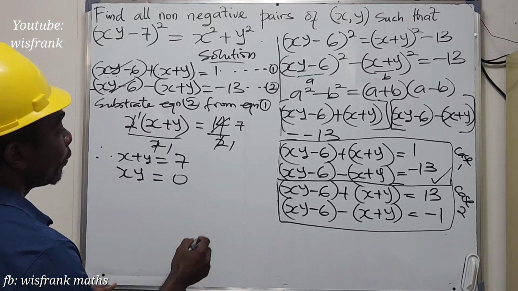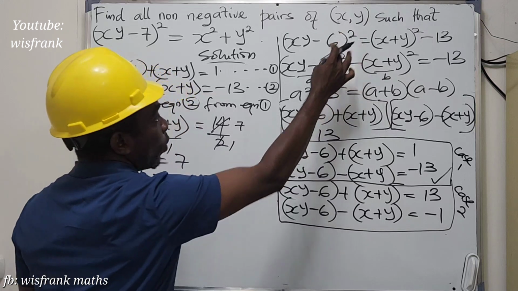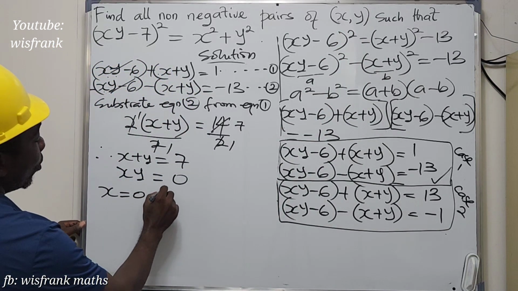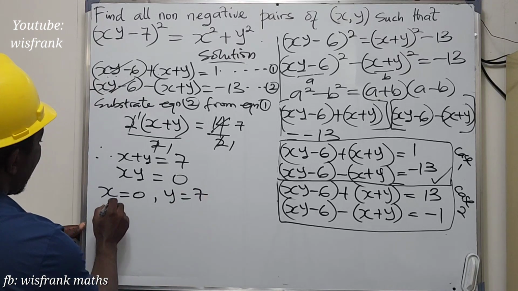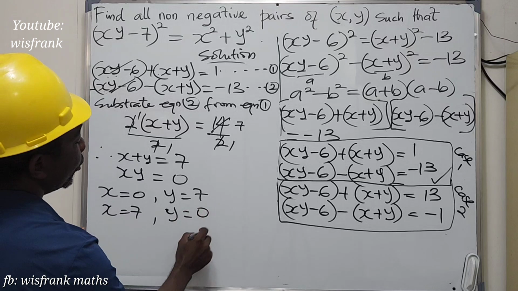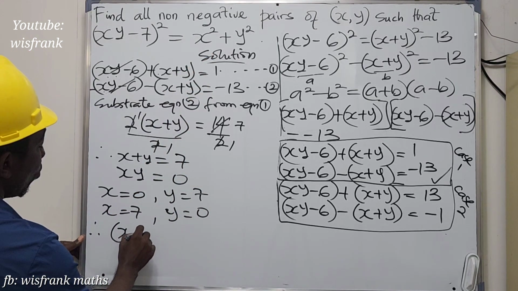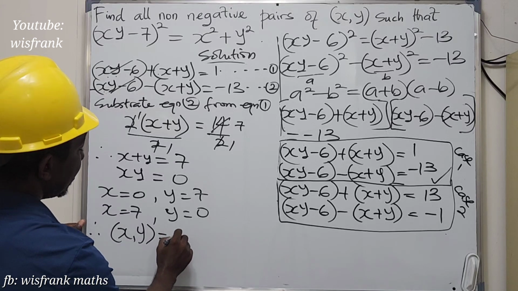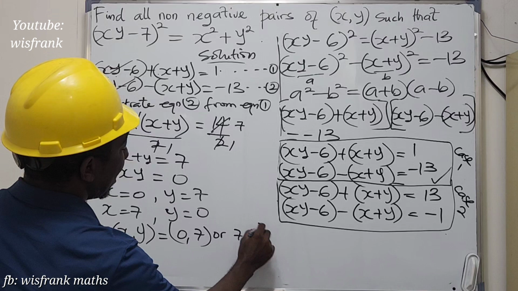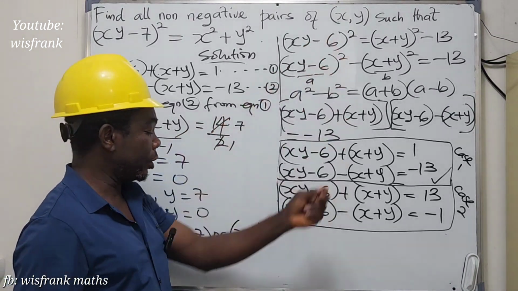So in this case, for non-negative pairs x, y, x will be equal to 0 and y will be equal to 7, and x will be equal to 7 and y will be equal to 0. Therefore, the pairs (x, y) are (0, 7) or (7, 0). These are the non-negative pairs for the value of xy.